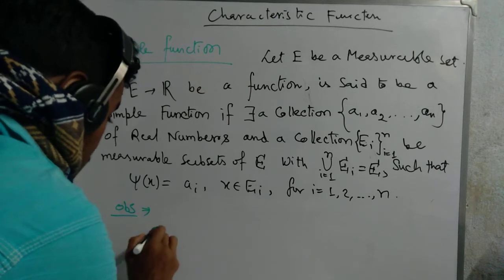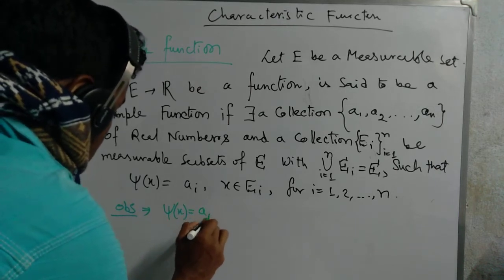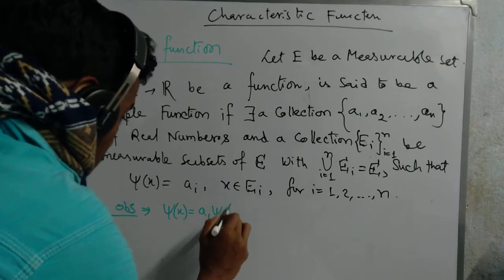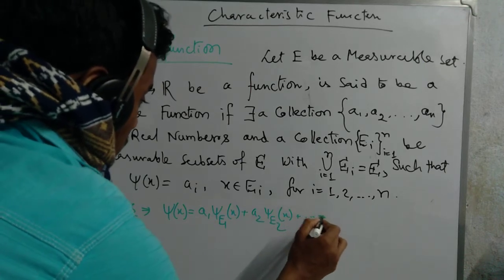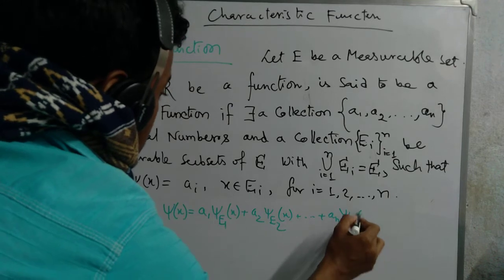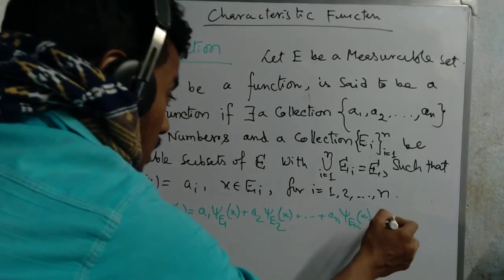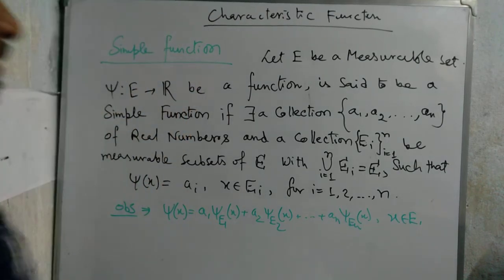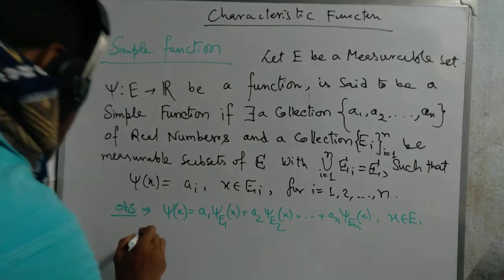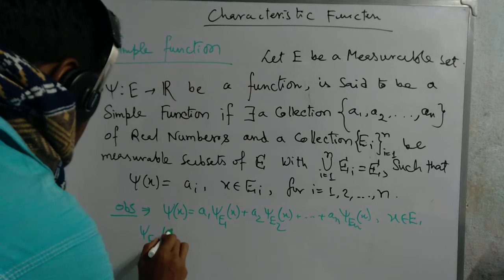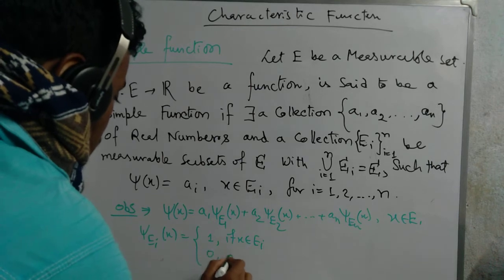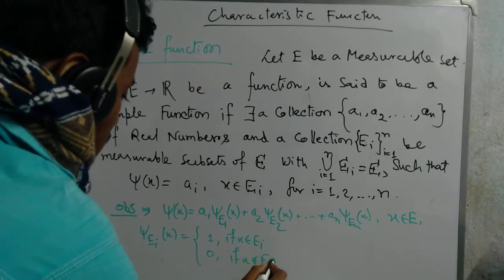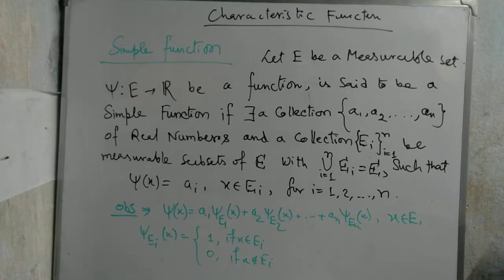This observation is psi(x) equal to a1 psi_E1(x) plus a2 psi_E2(x), dot dot dot, an psi_En(x), where x belongs to E, and psi_Ei(x) equal to 1 if x belongs to Ei, and 0 if x does not belong to Ei. In this way we represent this one.